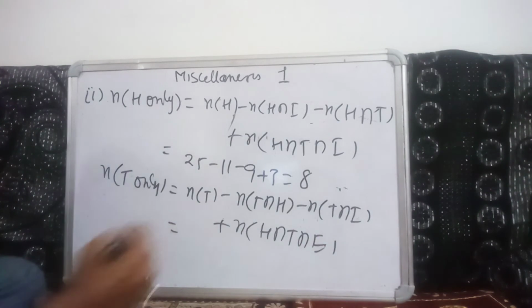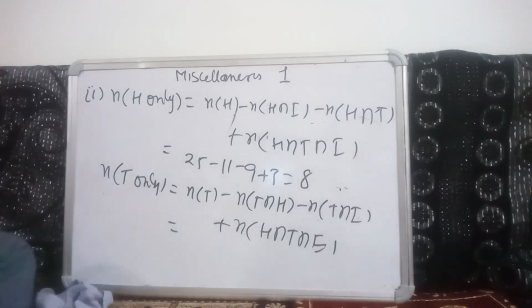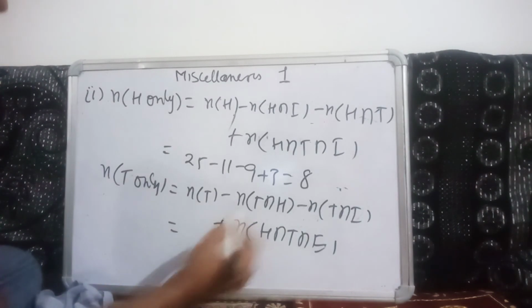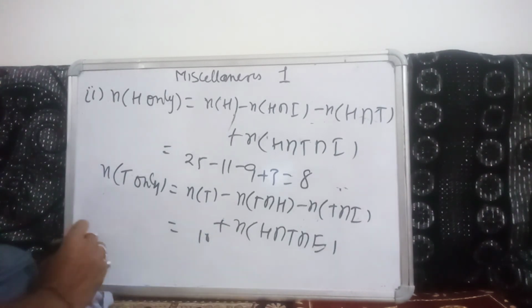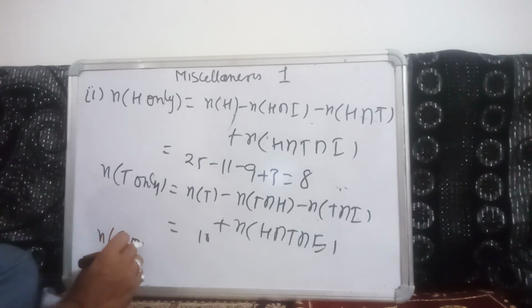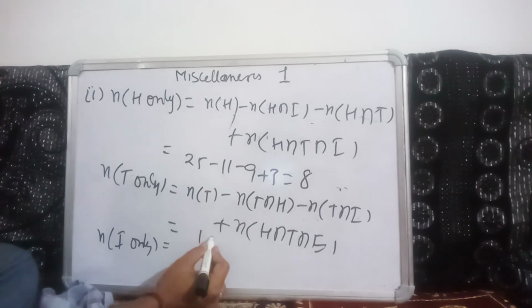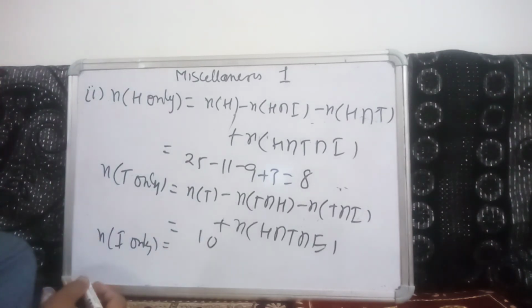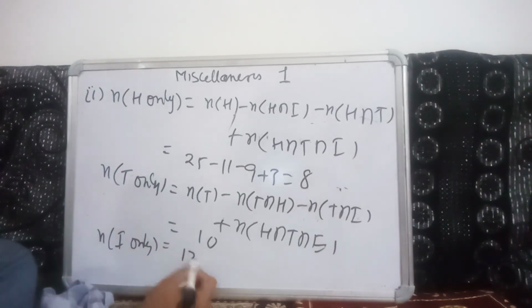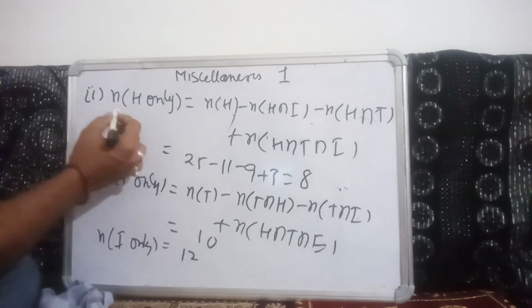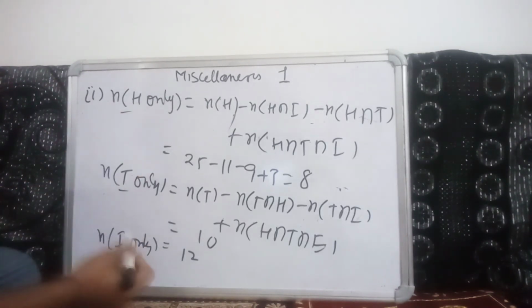Now by putting these values, you will get the answer like previous. It will come 10. Similarly, for the last newspaper, I only, the same rule, then the answer will come by putting these values. The answer will come 12, right? You can do it. Now H only, T only, I only.